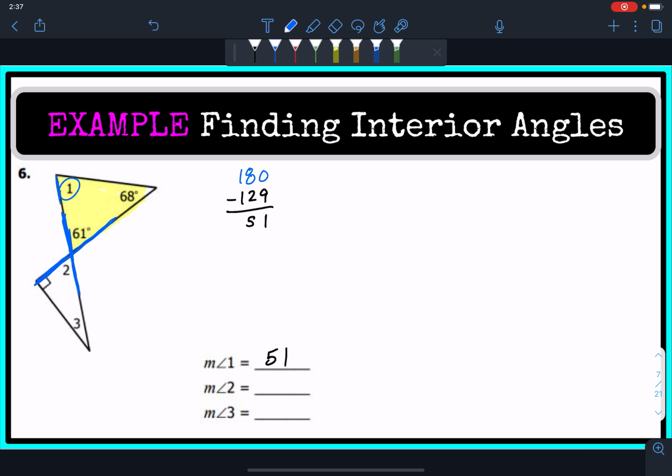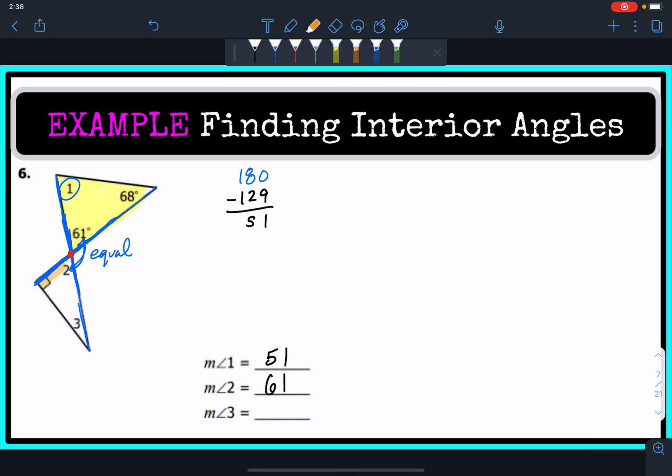So we have this straight line and this straight line intersecting at this point here in red, which means that angles that are opposite to each other, like 61 and angle 2, are equal to each other. So that means that angle 2 is also going to be 61 degrees.